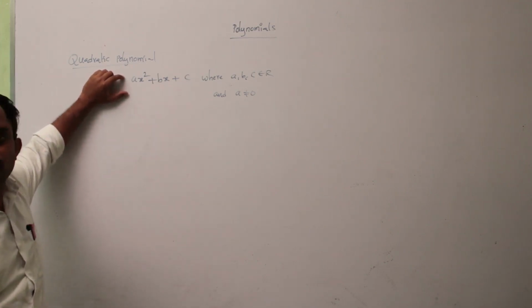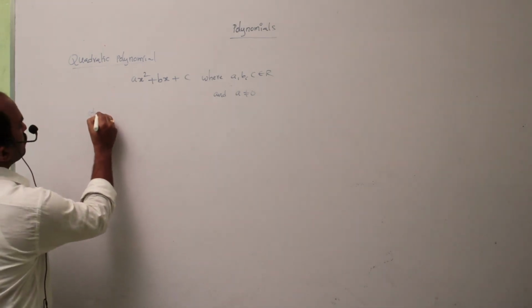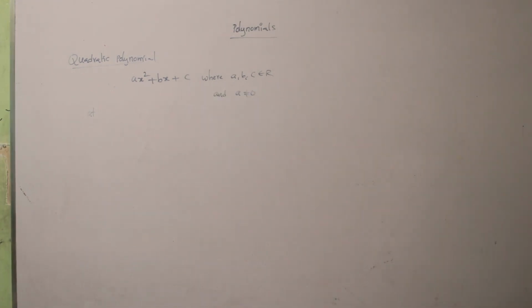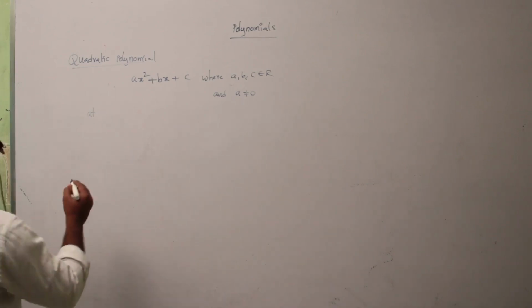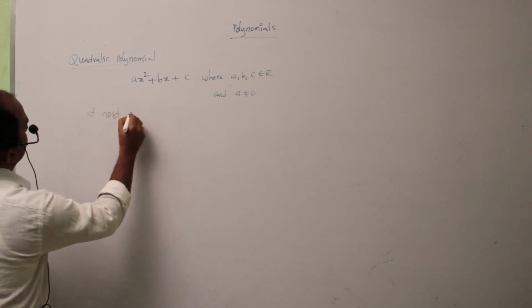So a quadratic polynomial has degree 2, that's why it has at most 2 zeros.